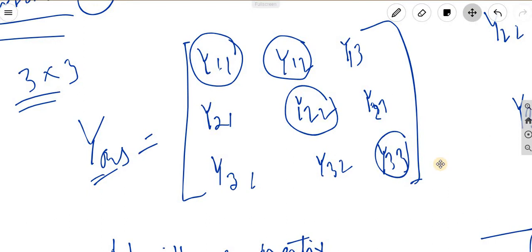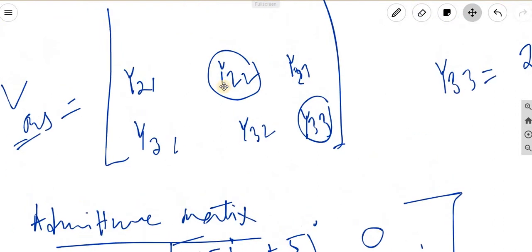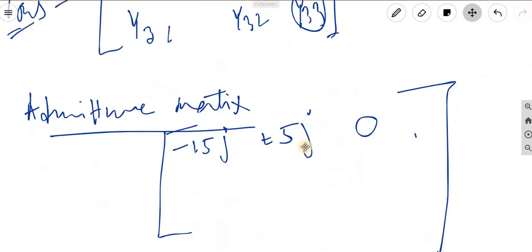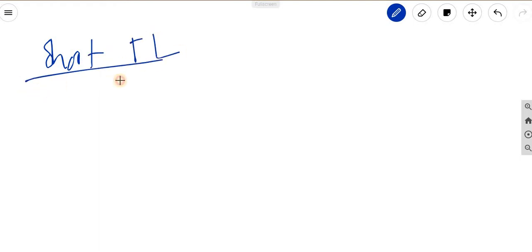So in that case I want to include one more thing. In these things we have discussed the short line, so far the short transmission line.